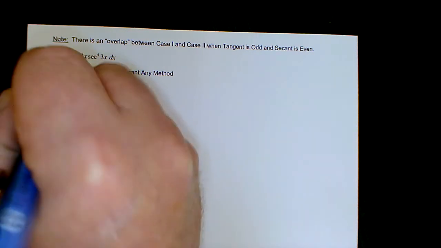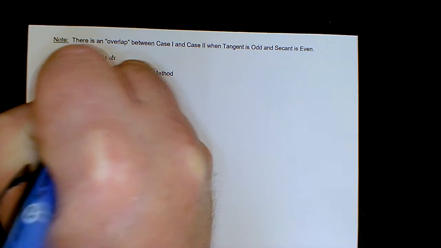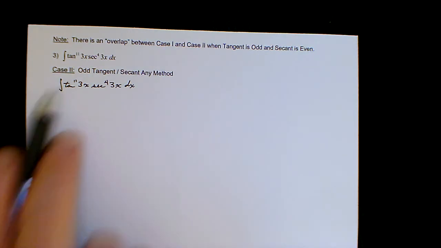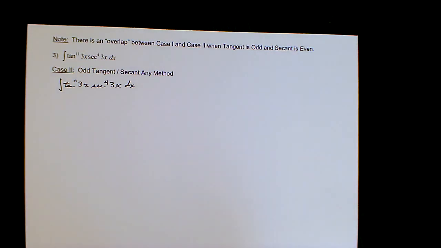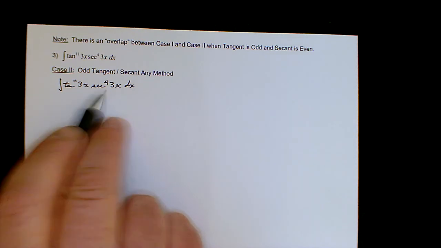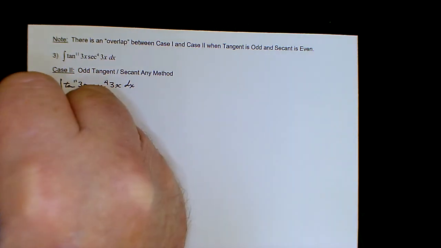I'm going to rewrite the integral. We have the integral of tangent to the 11th of 3x, secant to the 4th of 3x, the differential dx. Okay, if we're going to use Case 1, which is the odd tangent method, then we take one factor of each, tangent and secant, and push them over with the differential dx.